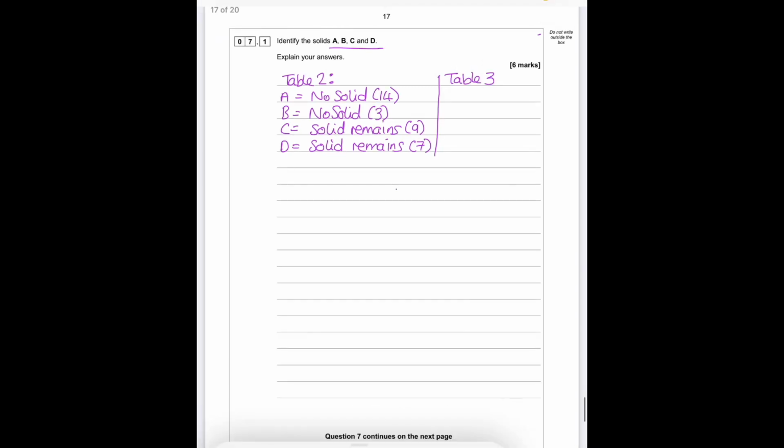Now if we look at Table 3, we're told the solubility per 100 centimetres cubed of water. So I'm just going to use the names of the metal because I've not got enough room to write the full names down. So magnesium has a solubility of 0.01, so it's not very soluble, but it is a little bit soluble. We have the phosphorus oxide, which has a solubility of 52, so that's quite soluble.